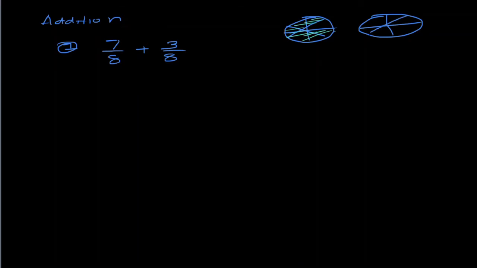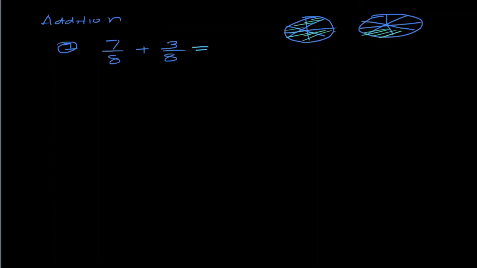But here we go. And then we have 3 over 8. So when you add this together, what you're saying is, let's take all of those pieces and these pieces, and how many pieces do you have in total out of both pizzas now?